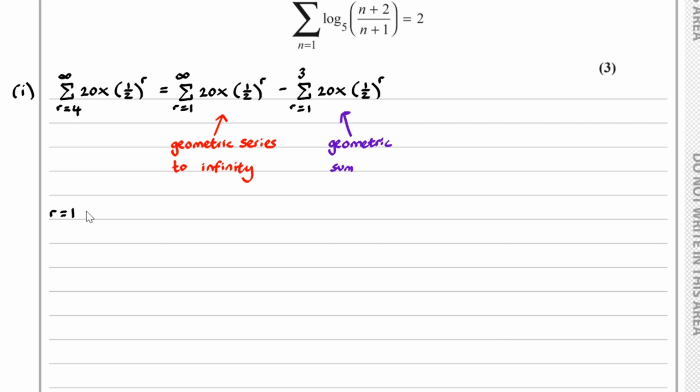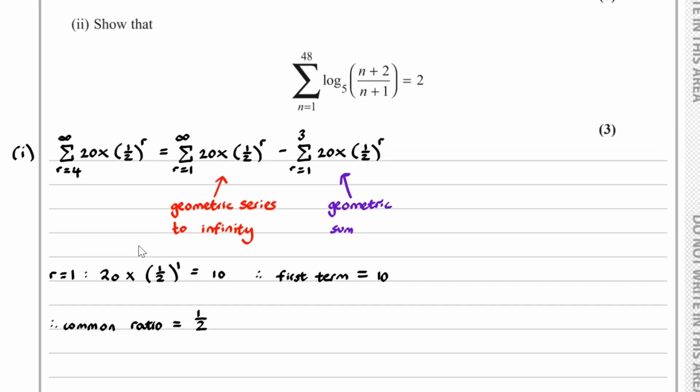So when r is equal to 1, we have 20 times by 1/2 to the power of 1, which is 10, and therefore the first term is equal to 10. We see here that the common ratio is equal to 1/2.